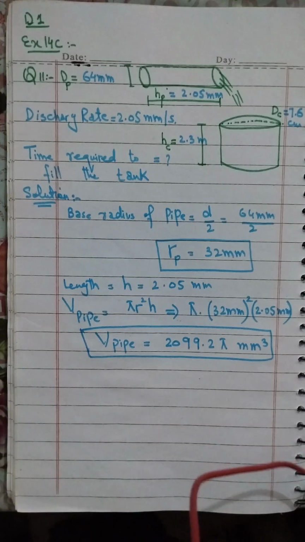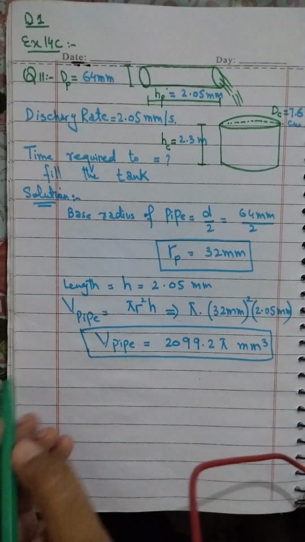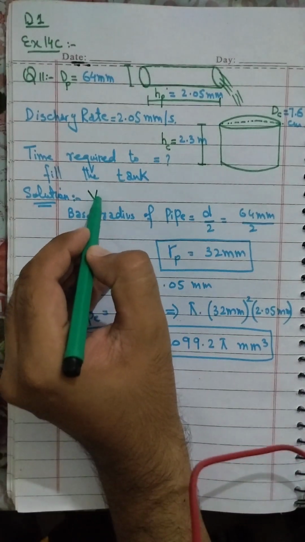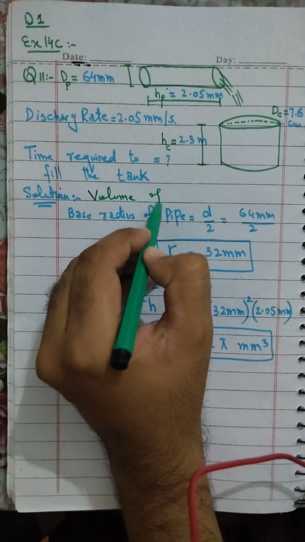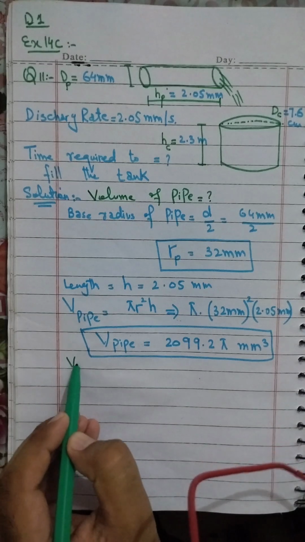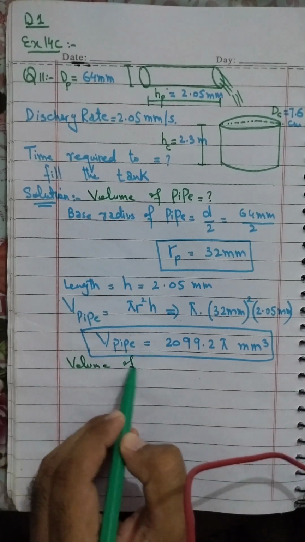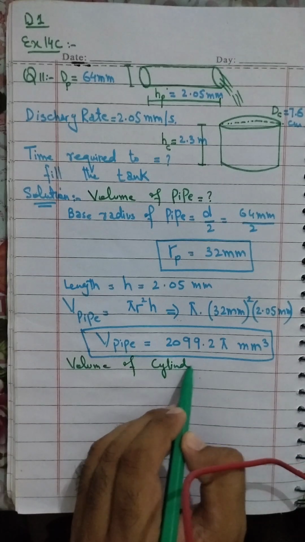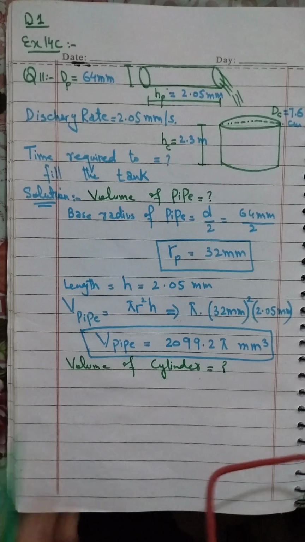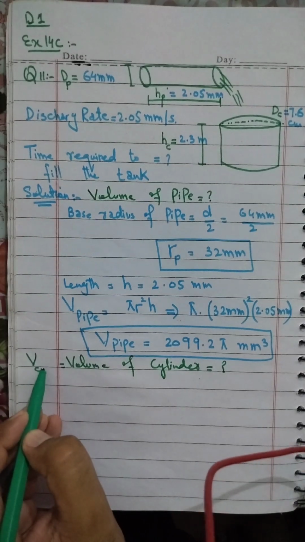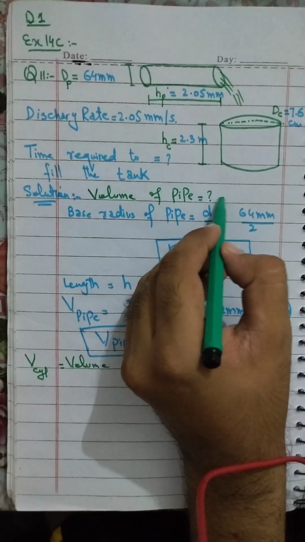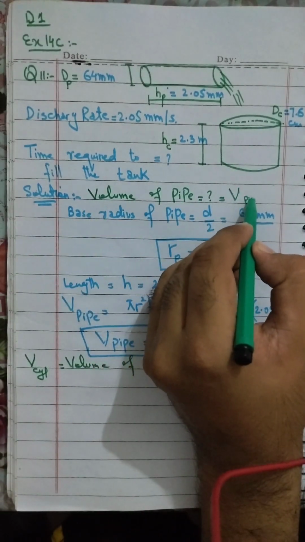Okay, now we have to move toward the cylinder, the volume of cylinder. The first step is volume of pipe. Now we have to find the volume of cylinder, Vcyl for cylinder, and here Vpip for pipe.